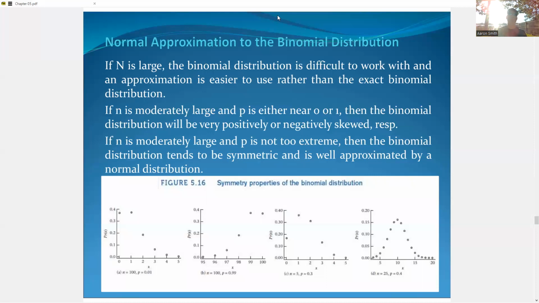Right, the normal approximation of the binomial distribution. Okay, so in the binomial distribution, I have n trials, and my number is the sum of the successes. So I can think of that as a sum of random variables.